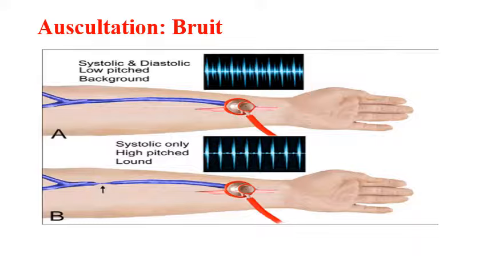If you find that this bruit is high pitched and systolic only, this means there is a stenosis or obstruction over the vein, which causes this sound to be accentuated and systolic only. If you find it weak, this means there is inflow stenosis.